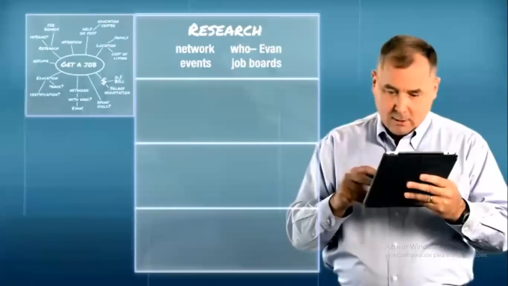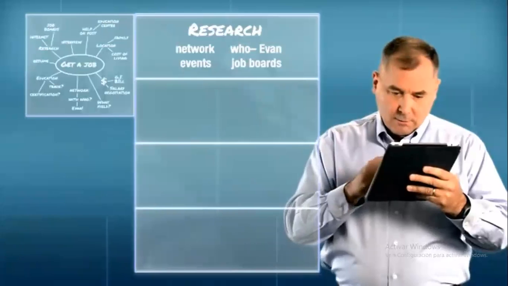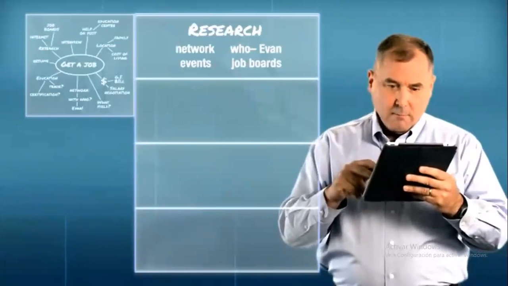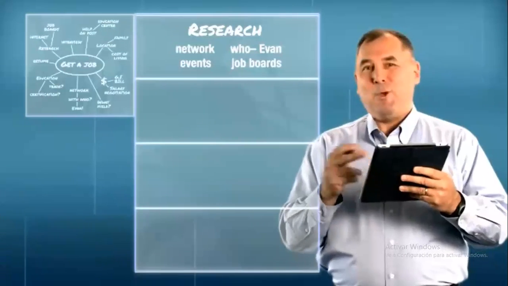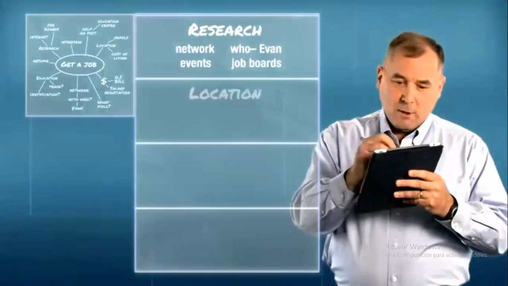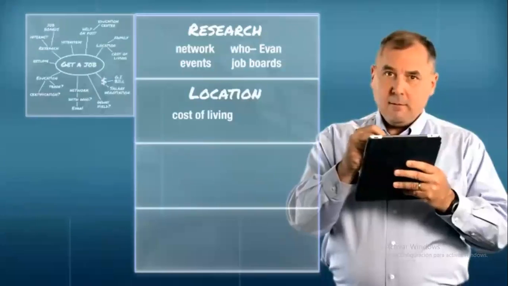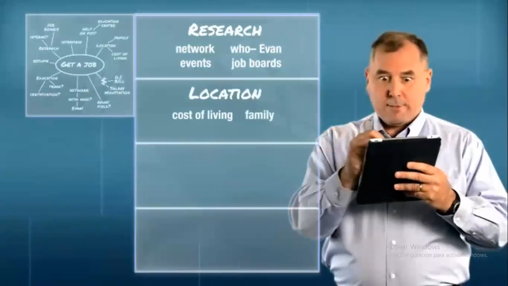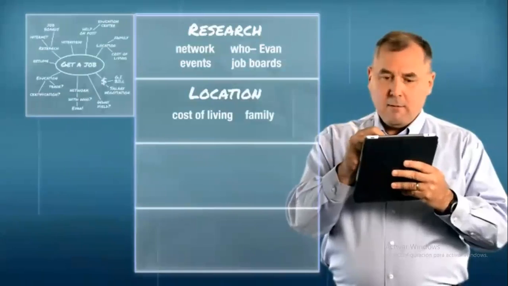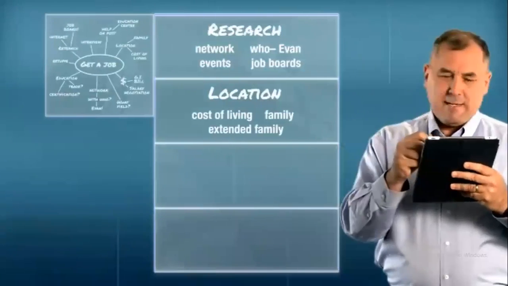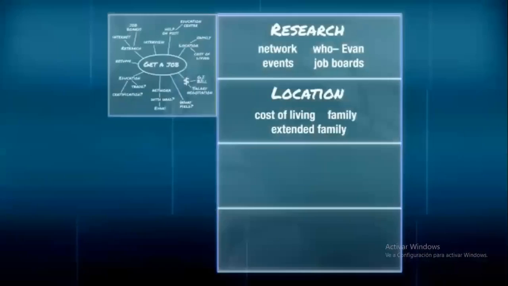What's another category that surfaces with 2 or more items on the mind map? Location. Let me write down location. What goes into that? Oh, cost of living, family needs. I need to consult with the family. What about extended family? Let me write that down too. Another category is education.